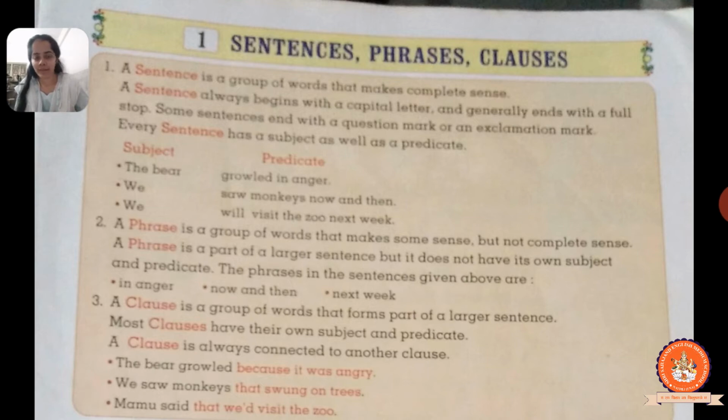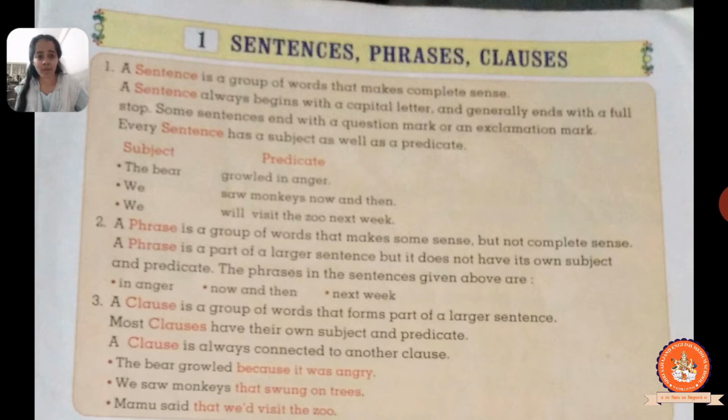Now we will see our second point. A phrase is a group of words that makes some sense but not complete sense. So what is a phrase? A phrase is also a group of words which gives you some meaning but not a complete sense. A phrase is a part of a larger sentence, but it does not have its own subject and predicate.